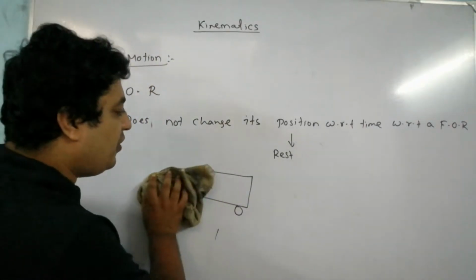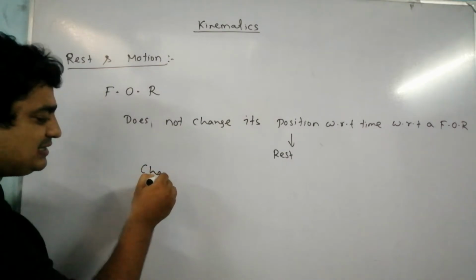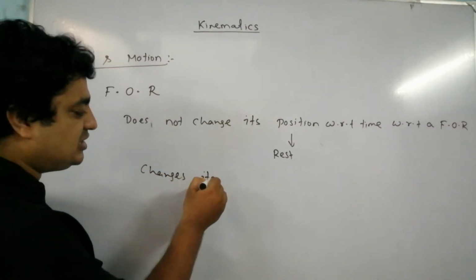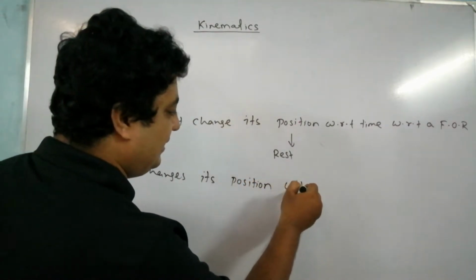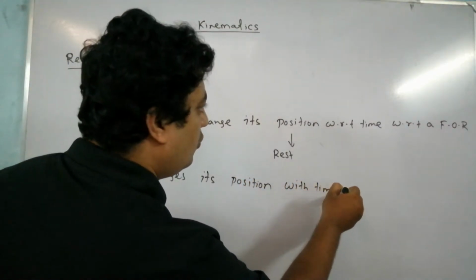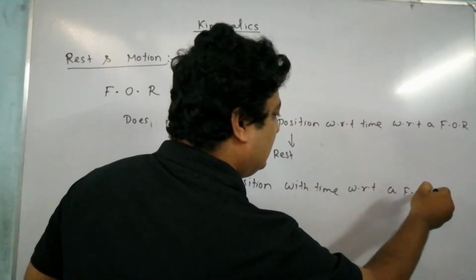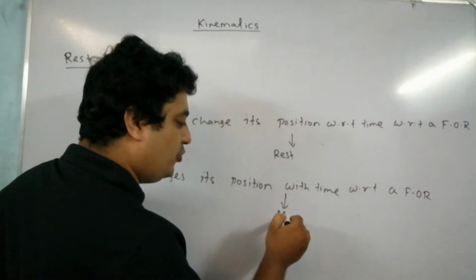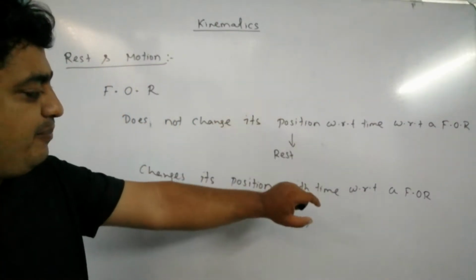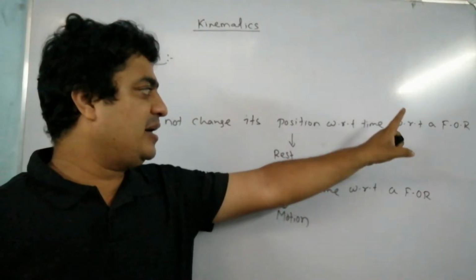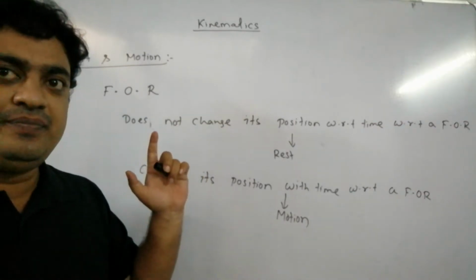Then, we'll go for what is motion. If a body changes its position with time with respect to a frame of reference, then body is said to be in motion. So, a body in rest with respect to one frame can be in motion with respect to another frame.